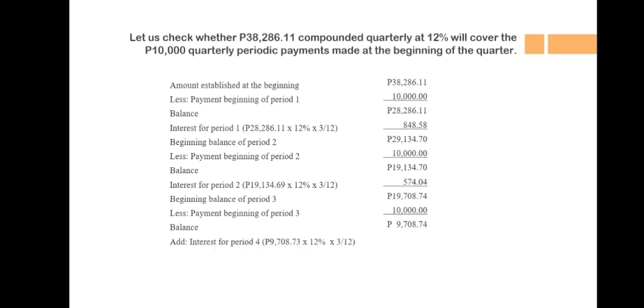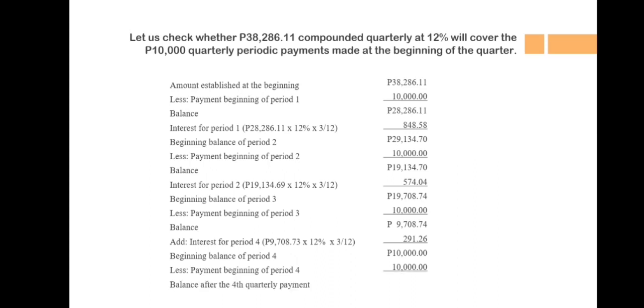And kunin natin yung interest ni 9,708 pesos and 74 cents at idagdag natin sa kanya. So, ang interest niya is 291.26. So, 9,708.74 plus 291.26 is 10,000 and bawasan natin ng beginning of period 4 which is 10,000.